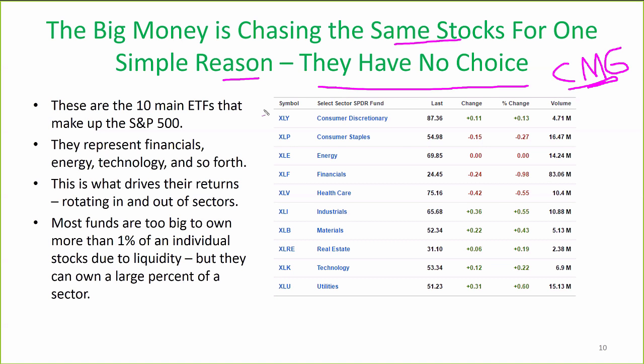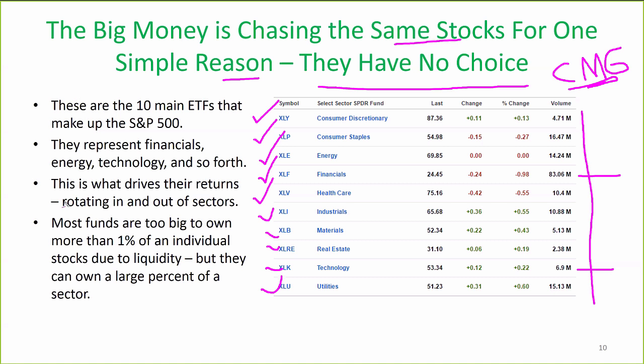So here's the 10 main exchange traded funds that make up the S&P 500. You got consumer discretionary, consumer staples, energy, financials, healthcare, industrials, materials, real estate, tech, and UTS, okay, utilities. And you can see that the volume on all of these is fairly healthy. Okay, financials, huge. Tech's a little lower just because a lot of the big tech stocks like Microsoft have a good volume, okay, but a lot of other stocks don't.